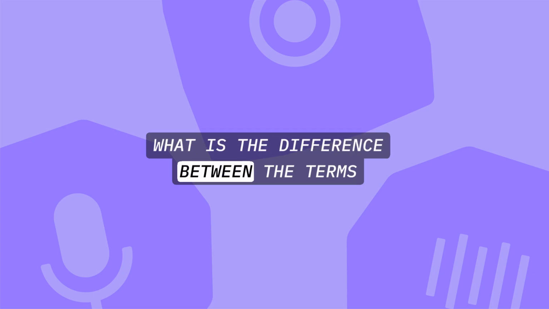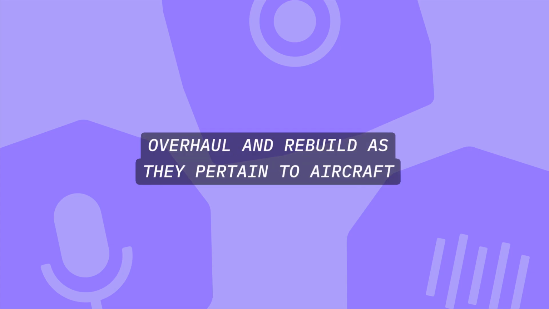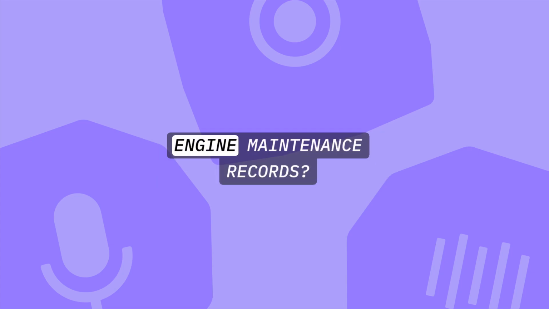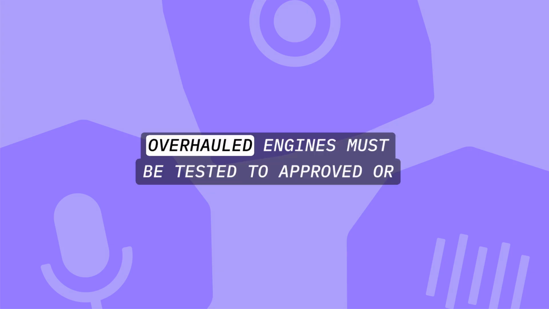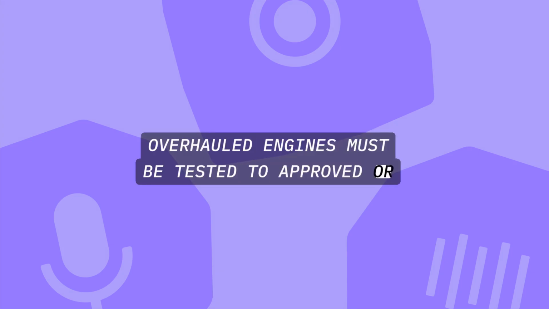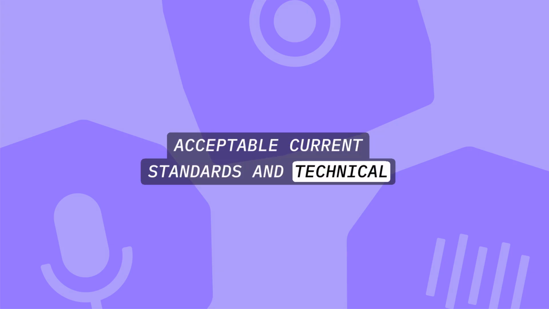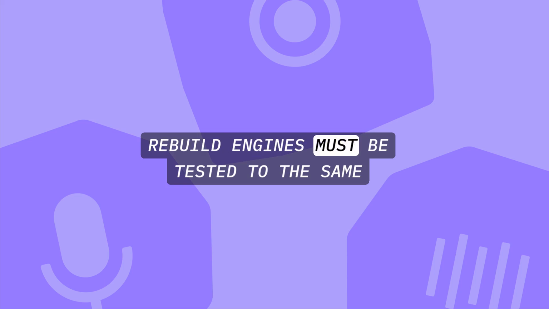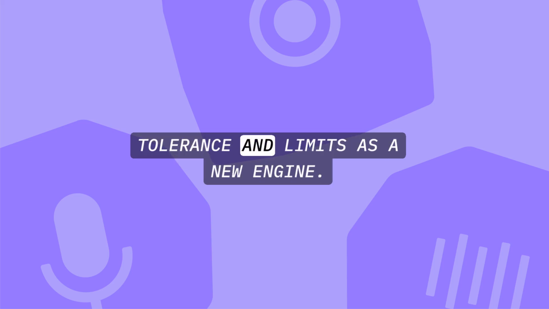What is the difference between the terms overhaul and rebuild as they pertain to aircraft engine maintenance records? Overhauled engines must be tested to approved or acceptable current standards and technical data. Rebuilt engines must be tested to the same tolerance and limits as a new engine.